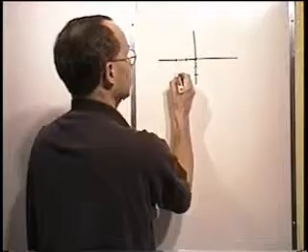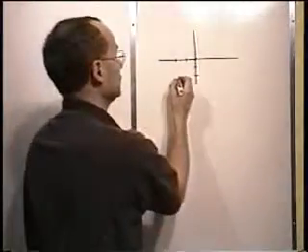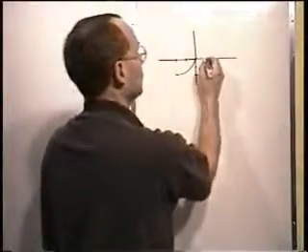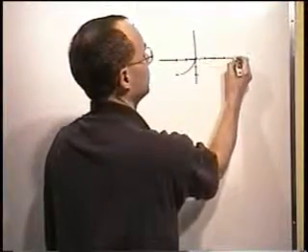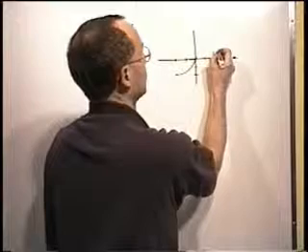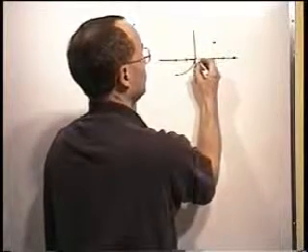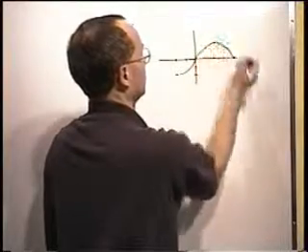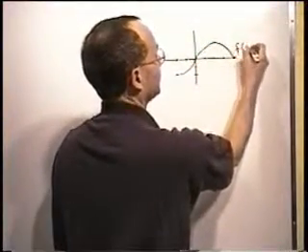We'll do a little curved part here, and then on the right part of it, we'll go 1, 2, 3, 4, and maybe go up a couple units here. So we've got kind of a funny little shape like that. Okay, so that's our f of x.